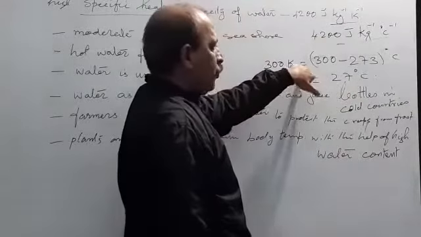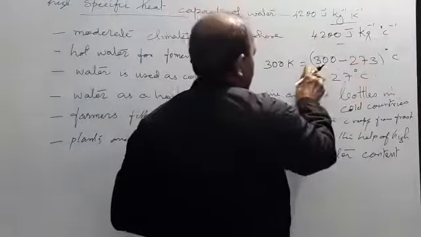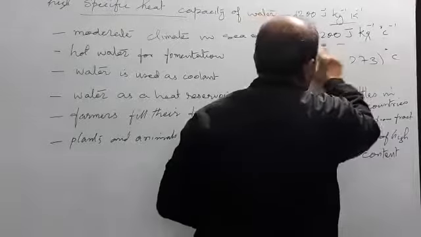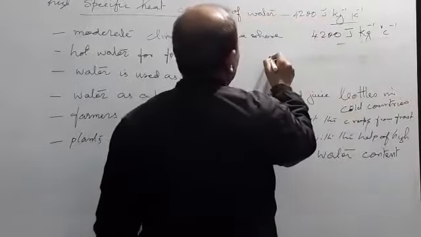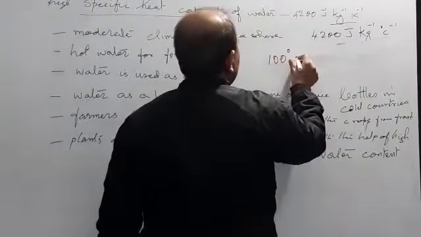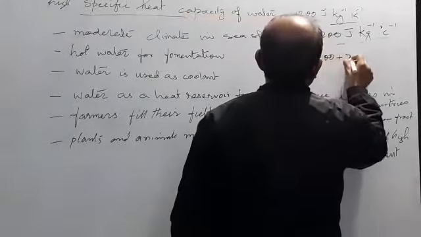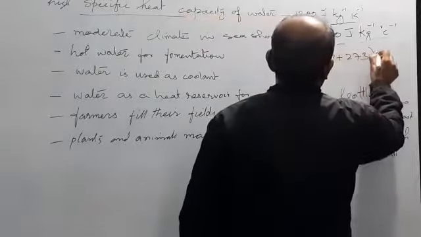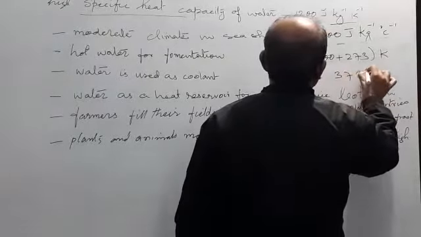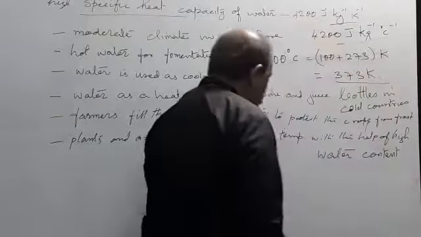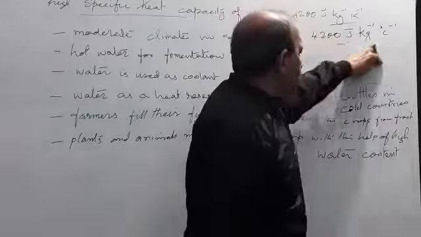Now, suppose we have boiling point of water. Boiling point of water is equal to 100 degrees Celsius. It is equal to 100 plus 273 Kelvin. While writing Kelvin, don't put degree over there. That is equal to 373 Kelvin. Right? Okay, that is just for the knowledge. I told you these things.